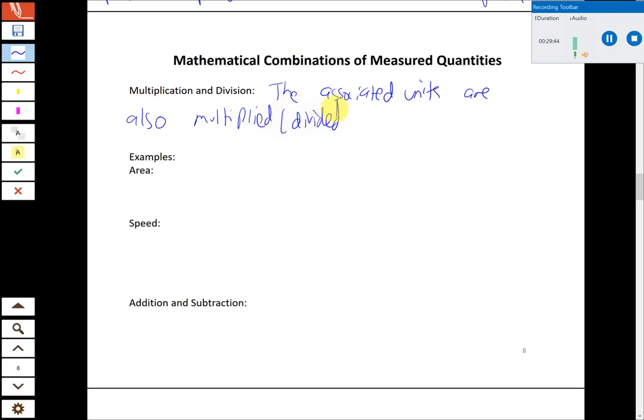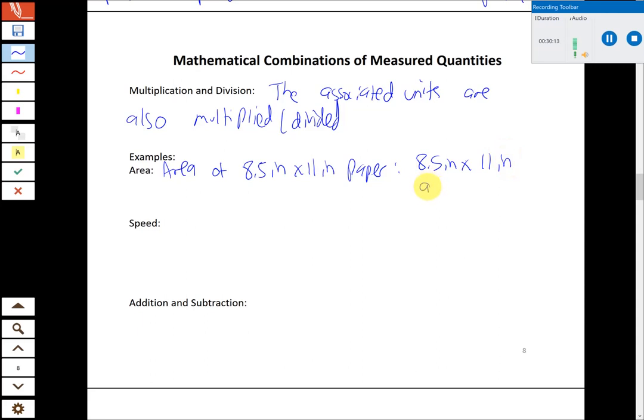So for example, if we wanted to determine the area of a standard piece of paper, 8.5 by 11 notebook paper, remember the area, we just multiply the lengths of the two sides. So if we have 8.5 inches on one side and 11 inches on the other, we would multiply the two numbers together, 8.5 inches multiplied by 11 inches.